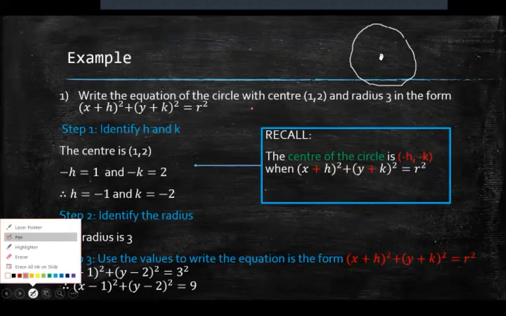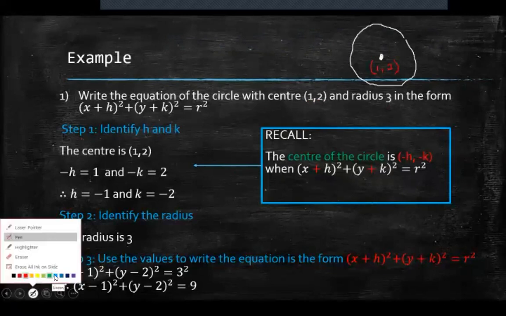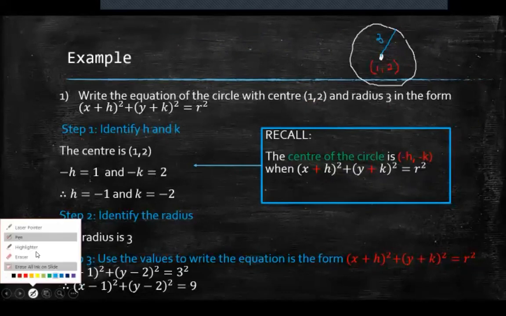And it has the coordinates they told us, 1, 2. And then they told us that the radius, I'll put that in blue, is 3. So the length of this radius is 3. So that's what this circle looks like.